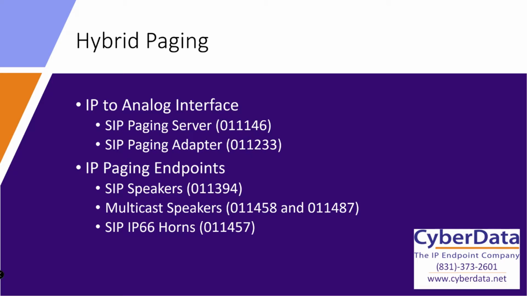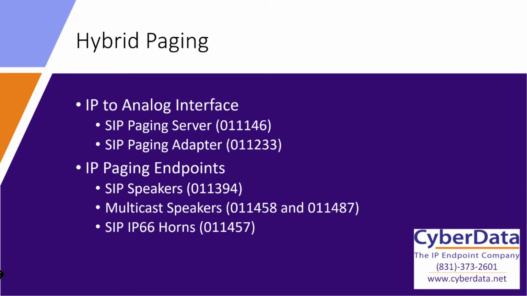But then you'll get other bigger common areas, maybe like a games room, or a cafeteria, or other places where you'll have a large congregation of students, and you don't necessarily need that individual addressability that you would get with a SIP speaker. The multicast speakers are perfect for that. It's basically any place where you need an announcement to be heard, but you don't need that individual addressability. So it gives you a lot of capability and flexibility with those.